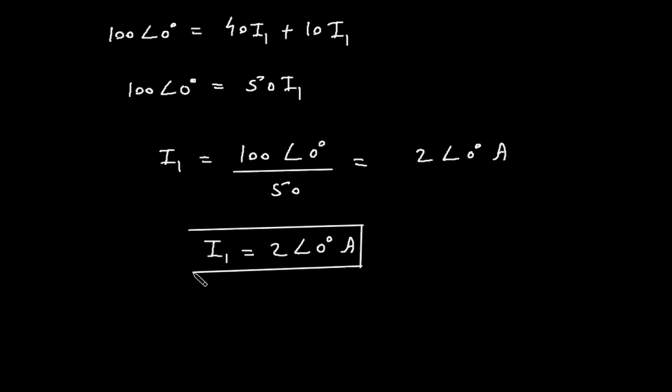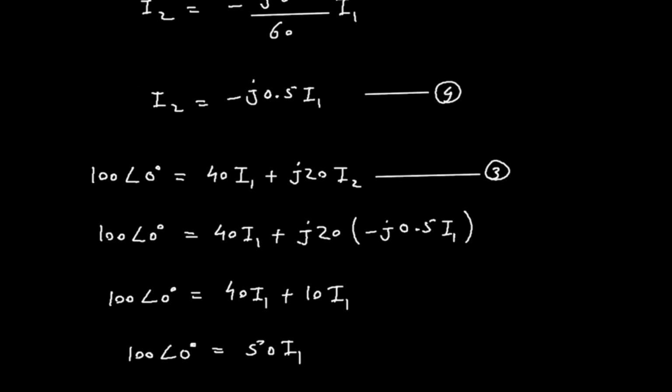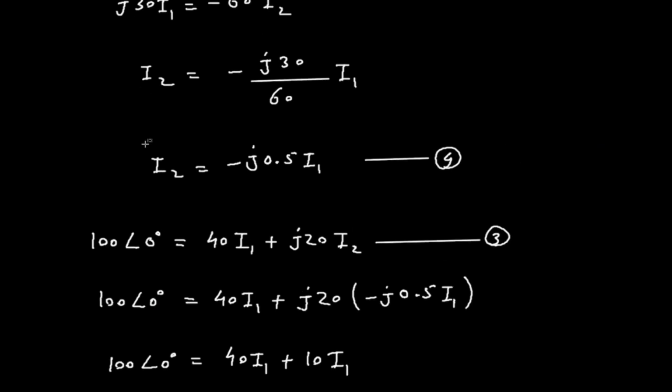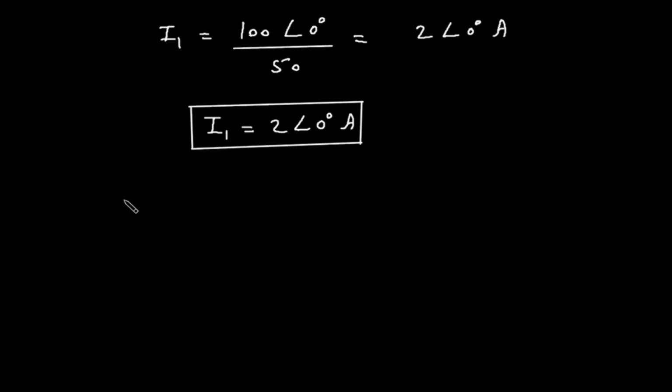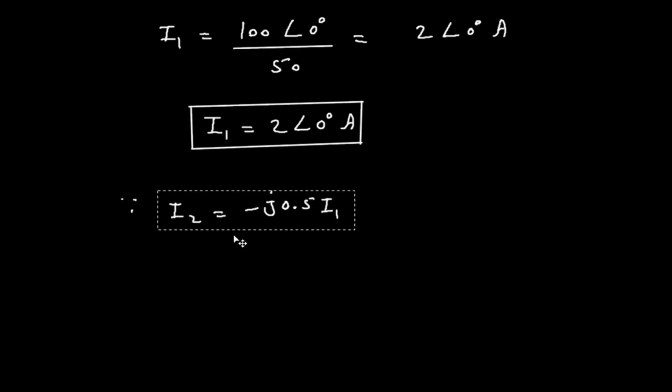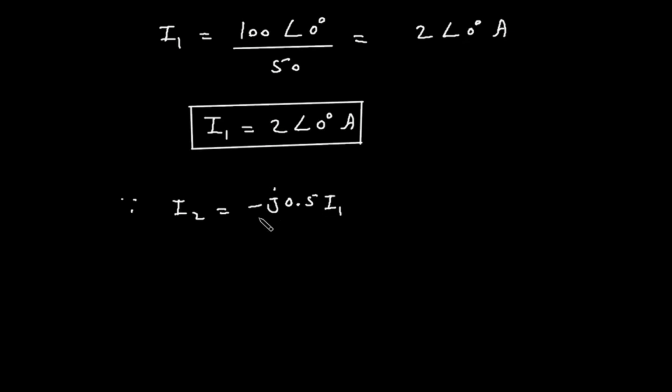Now from I1 we can find the value of I2, since I2 is equal to minus j 0.5 I1. So we will substitute the value of I1 here. So this will be minus j 0.5 multiplied by 2 at an angle of 0 degree.